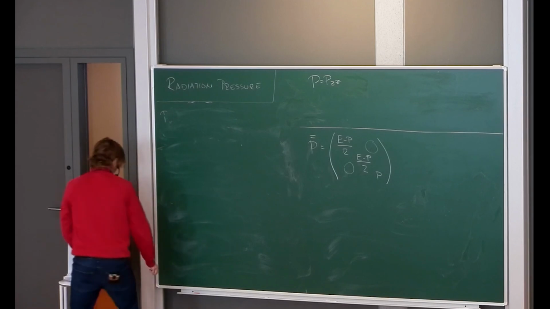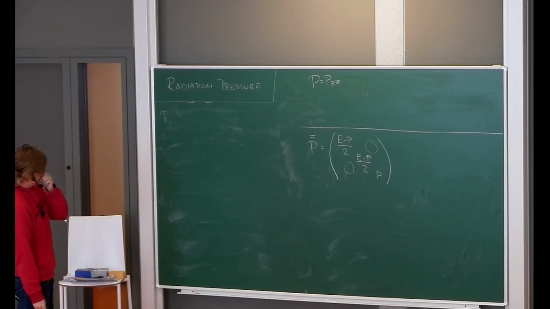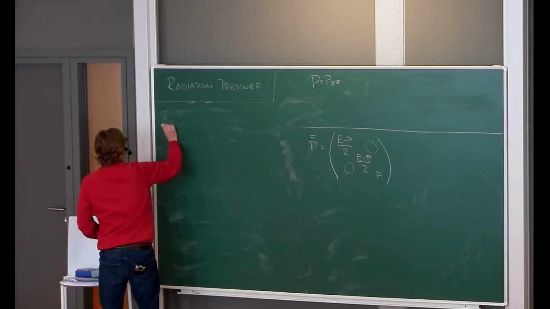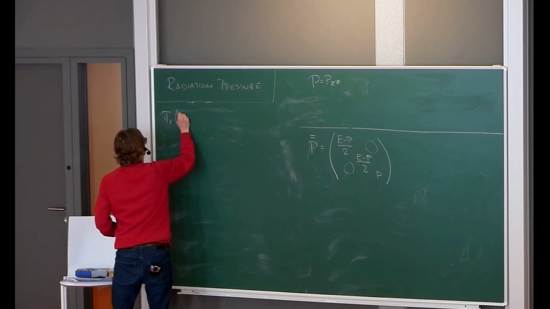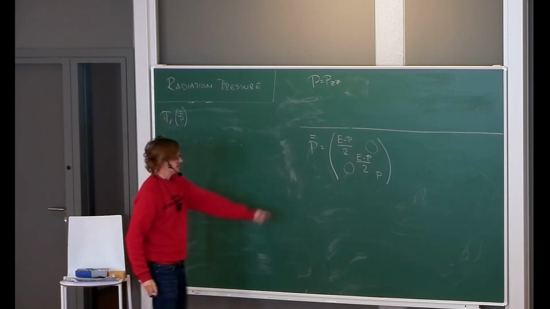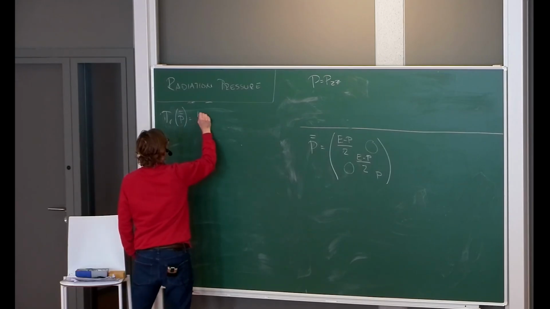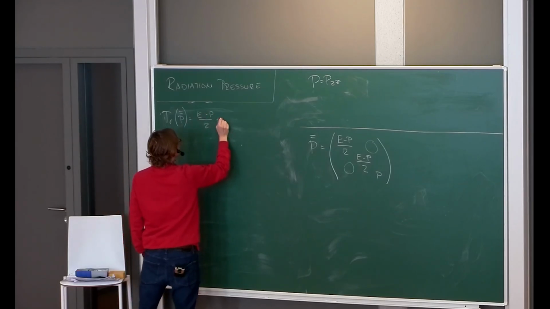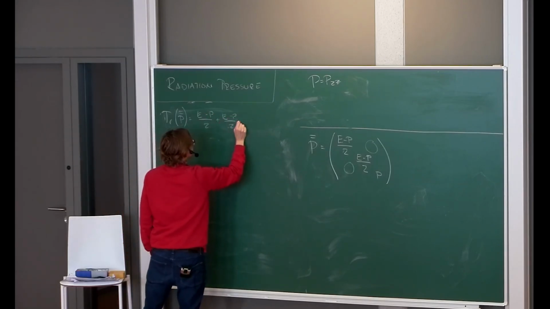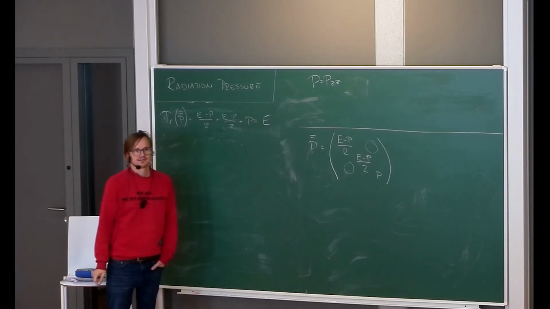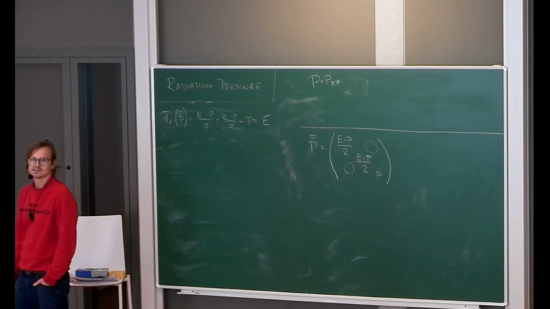Okay. First, let's take the trace of this. You take the trace of your tensor. That's just summing up the diagonal. Then you can see that it's E minus P divided by 2 plus E minus P divided by 2 plus P. That's just E. So that's interesting.